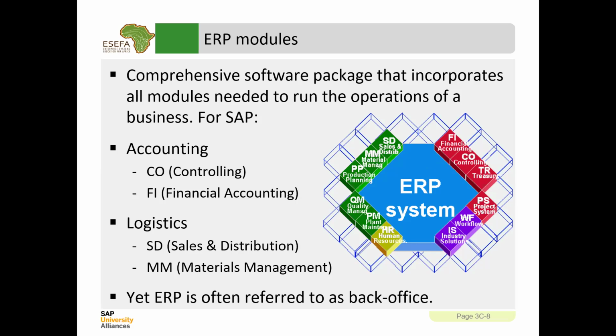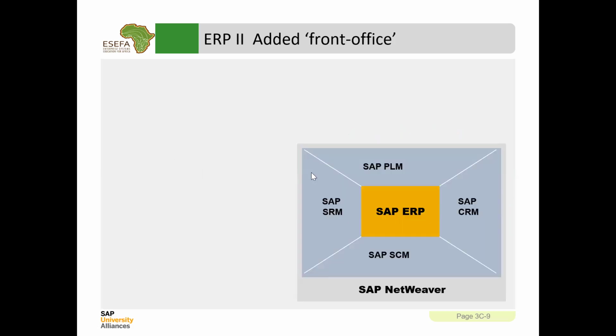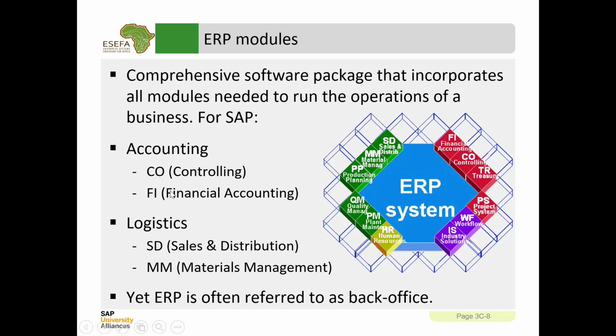You see logistics, you see SD, sales and distribution, you see MM, materials management. So you see quality management, production planning, sales and distribution, finance, treasury, project system, workflow, warehouse management, supervision, and every kind of module that you think a typical business must have.